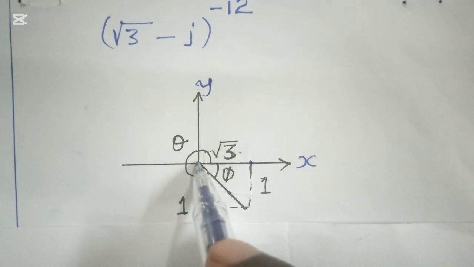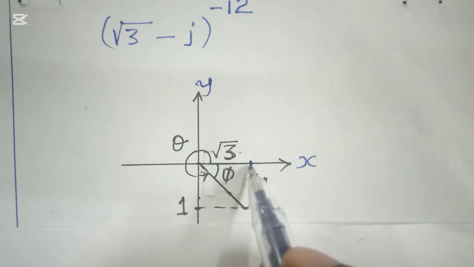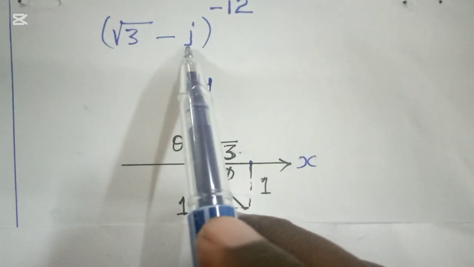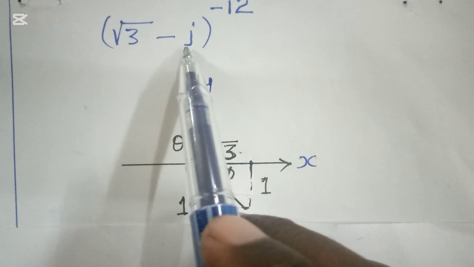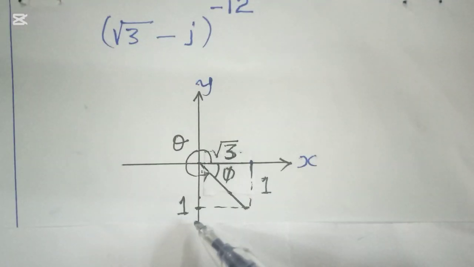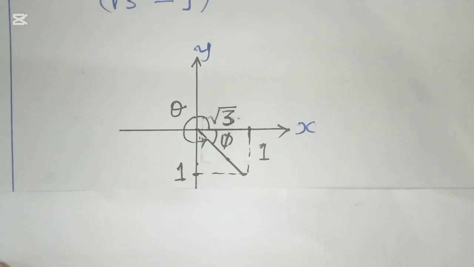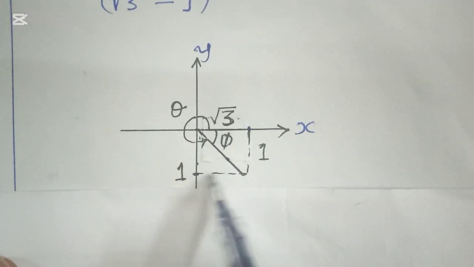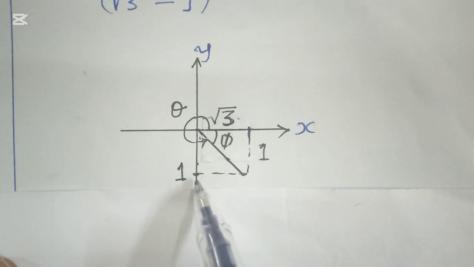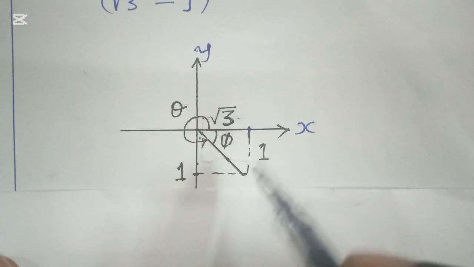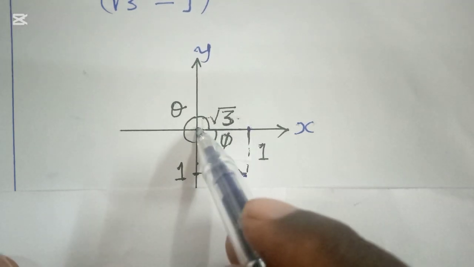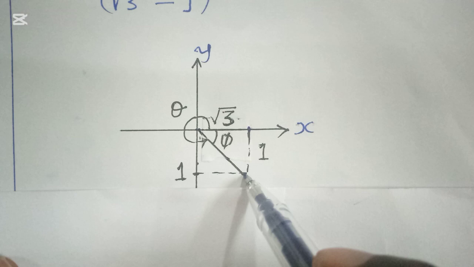Shall have from 0 to square root of 3. This distance is square root of 3. And then on this other side, our j is negative. That is negative 1j. So that we plot on the y-axis, representing the imaginary. So we bring a point here 1, and that is square root of 3, and wherever they meet, we now draw our line. And so this is the line that represents our complex number.